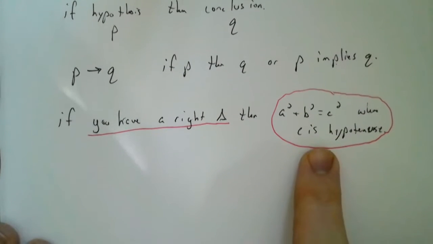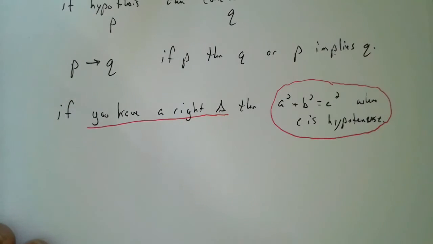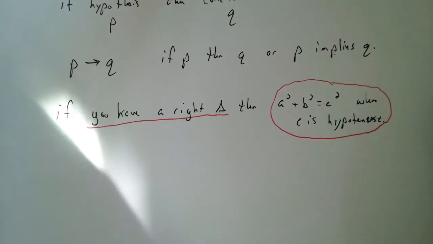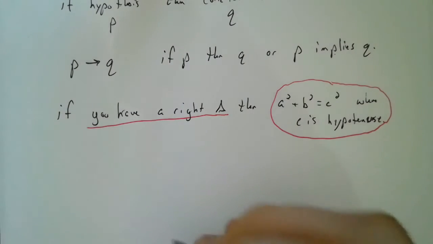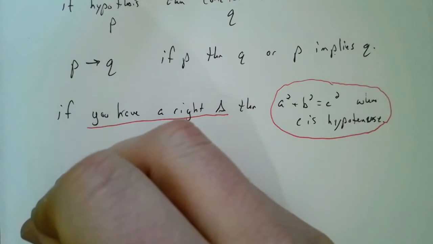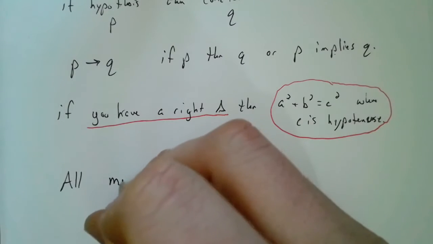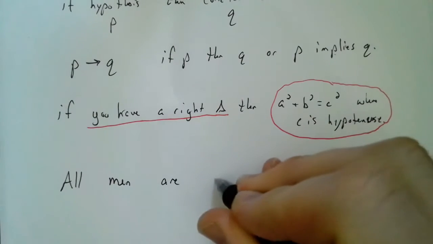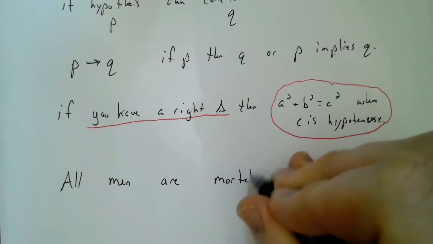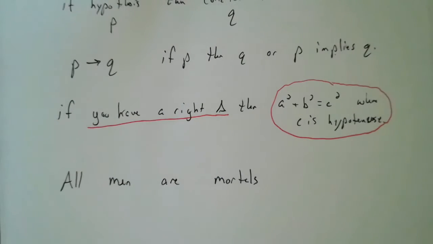Now, not all statements are going to be given to us in if-then form. So that's another skill that we need to have. We saw last week, I used this example where I said all men are mortals. So if all men are mortals, how do we write that as an if-then statement?